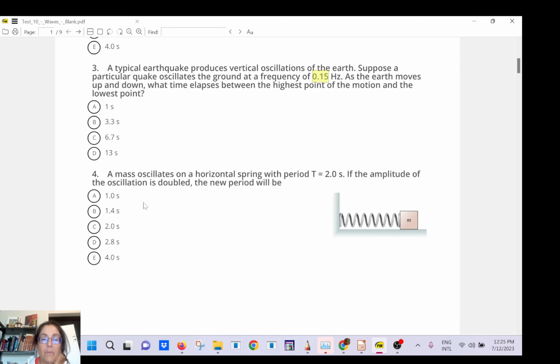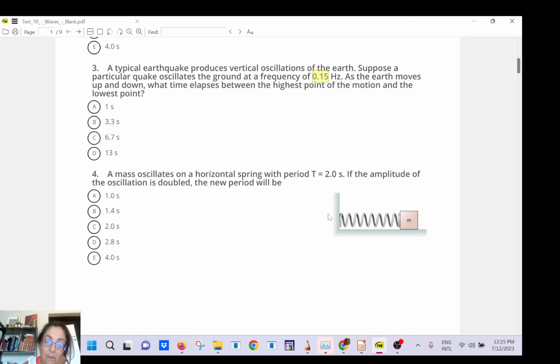And then here they talk about the amplitude being doubled. So you have the same oscillator, but you're going to pull the mass farther away, right? So you increase the amplitude. Is it going to change the period?